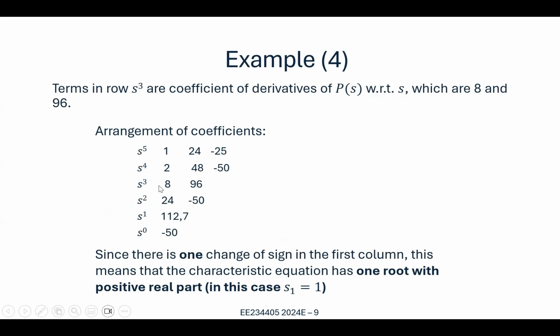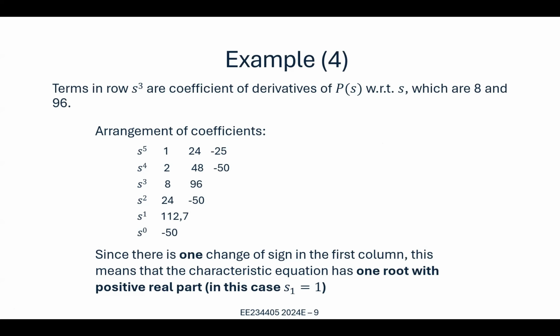row, and we can arrange 8 and 96 here for the first column and second column respectively. The terms in row s to the power of 3 are the coefficients of the derivative of P(s) with respect to s, which are 8 and 96.